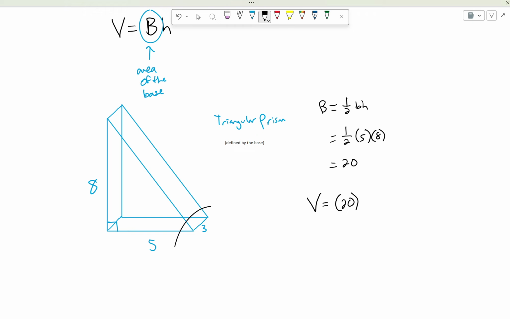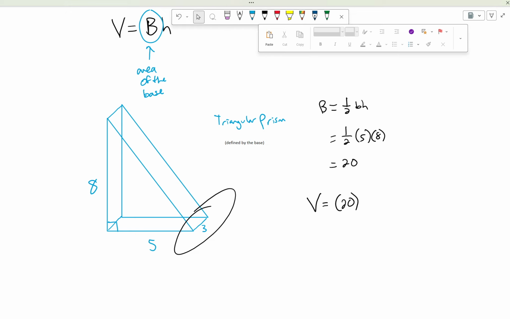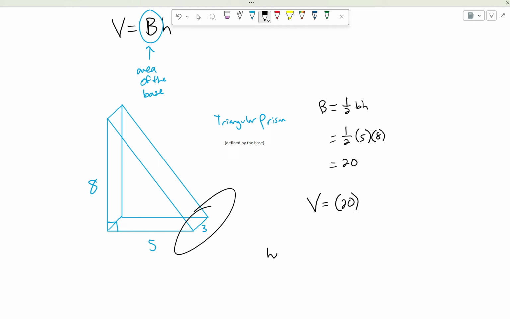And then here's the lateral height, okay? That is the length between the bases. Remember, I think that's critical because I want you to think about the following. I'm 6 feet tall standing up. Now, if I lay down, am I still 6 feet tall?